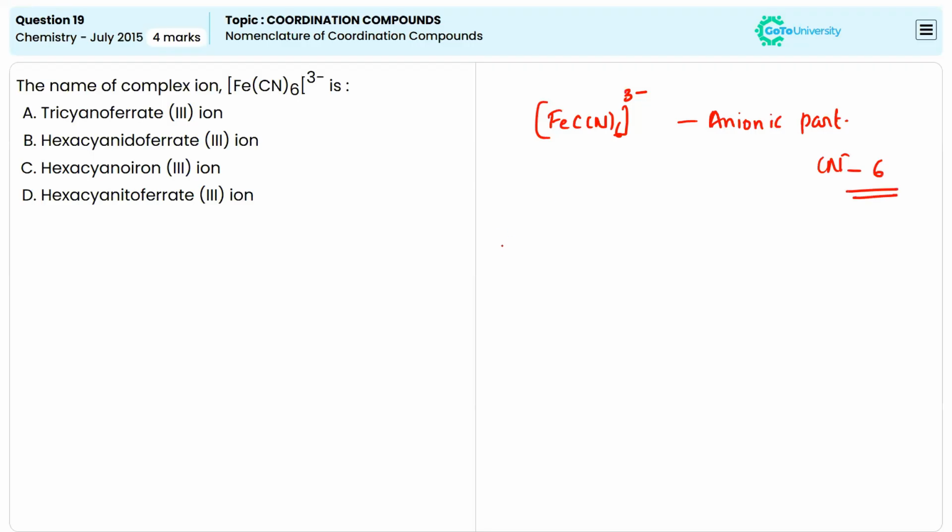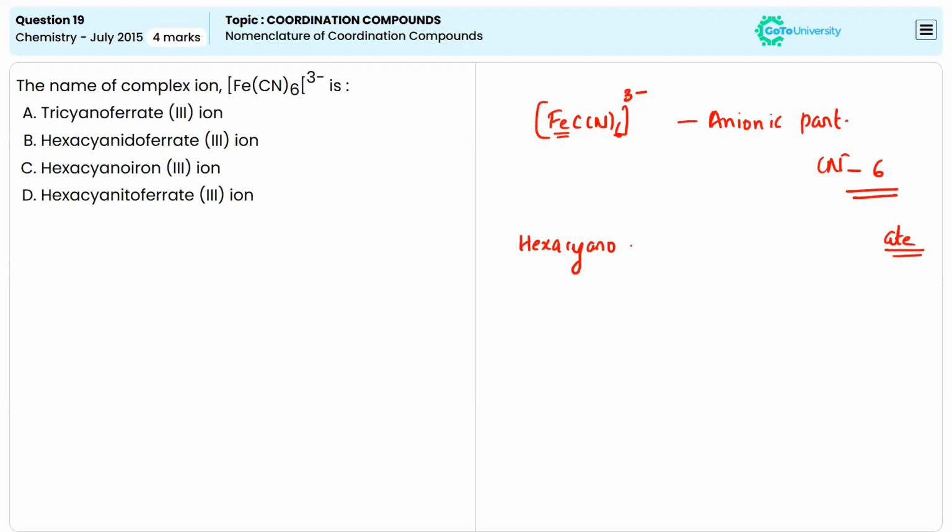So in the coordination sphere, we will name the ligands first, then only we move to the metal ion, right? Since it is 6, we have to use the prefix hexa, and CN- will be cyano. So it is hexacyano. Then the central metal atom is iron. Here the metal ion is part of a negatively charged complex ion, so the name of the metal will end with the suffix -ate, right?